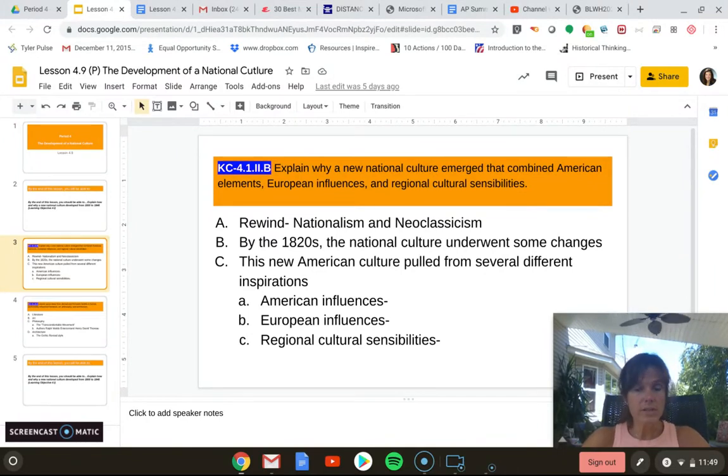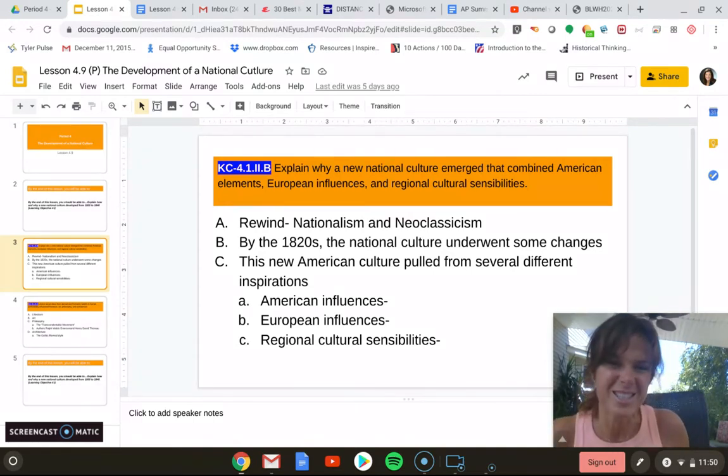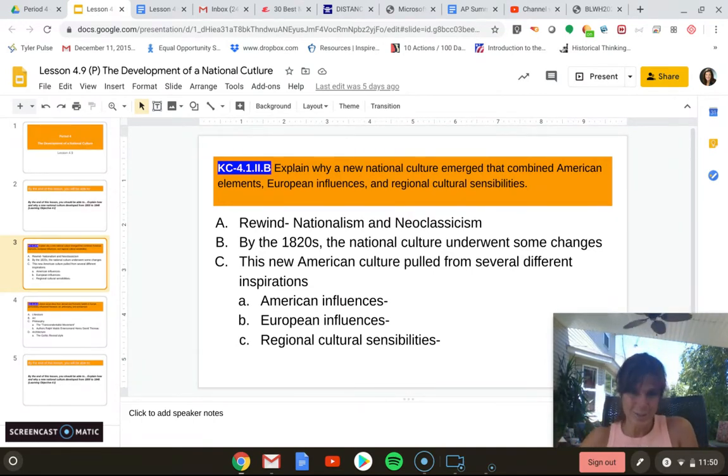Finally, cultural sensibilities. The regions continue with their unique elements that make them the way that they are. In New England, you still have this idea of the Puritan work ethic and this idea of religion as essential. Even if you're not super religious, it impacts who you are. In the South, you have this aristocracy, the gentry, the planters.